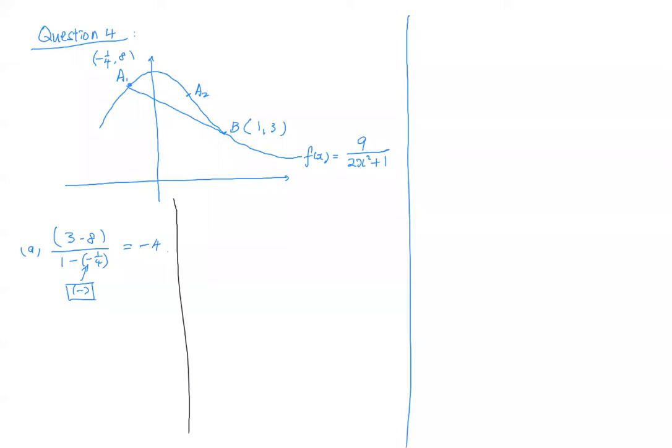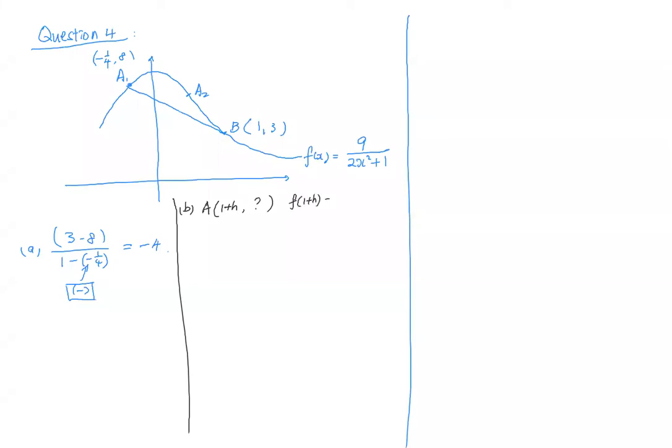So for part B, I will find the point. I will put the point A with x coordinate as 1 plus h, correct? So the y coordinate for this one will be f(1 plus h).